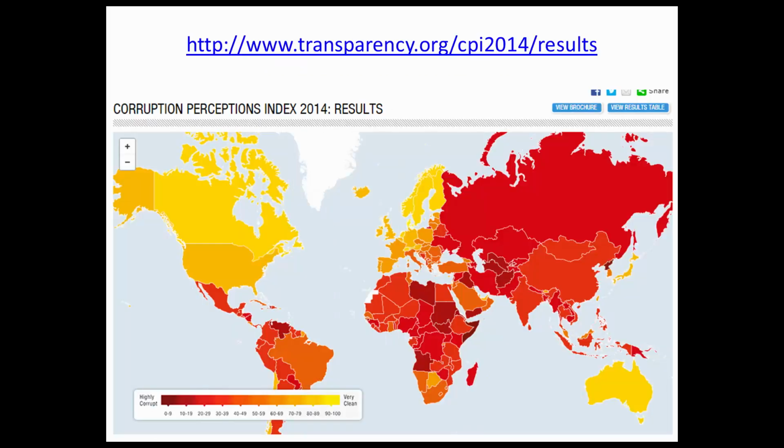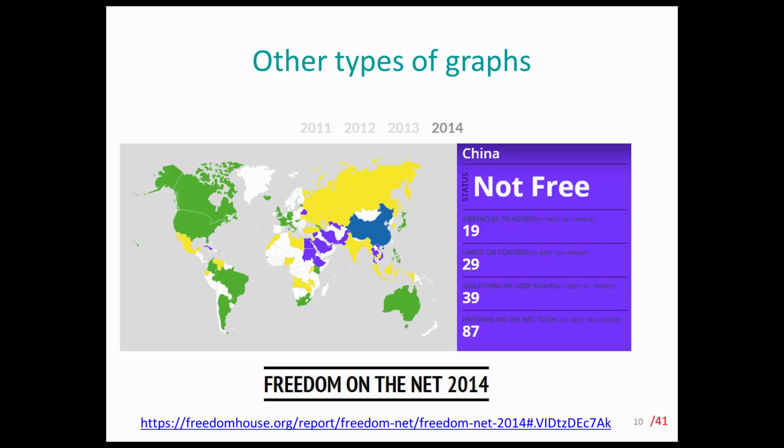And this one is another way to show descriptive statistics on how much different countries are different in terms of their transparency. And this is again another one that shows or describes the freedom of internet in different countries.